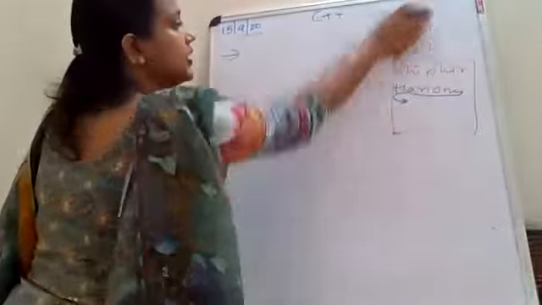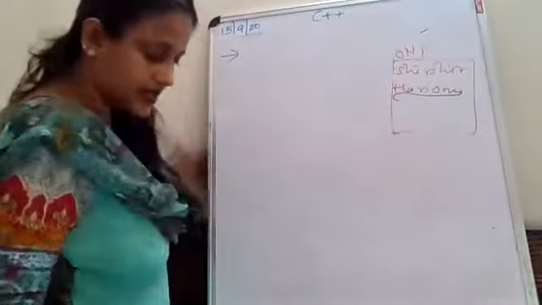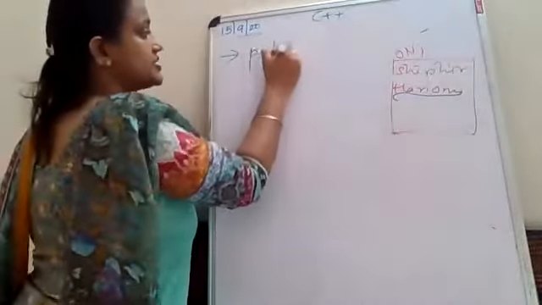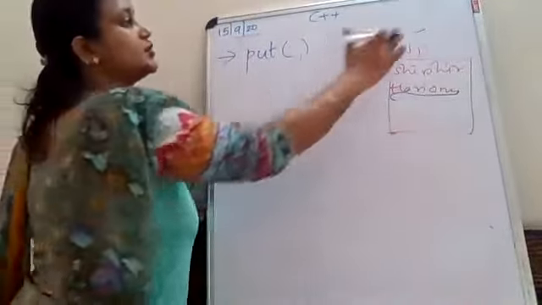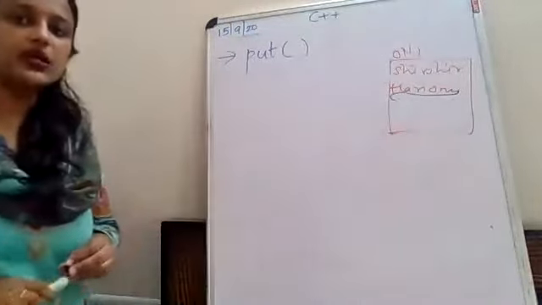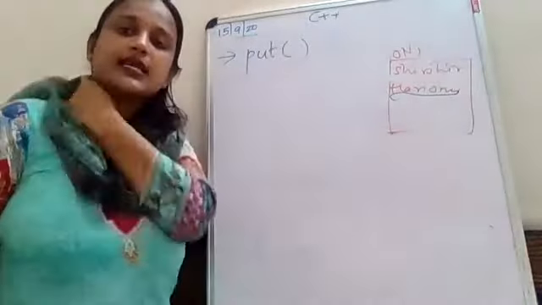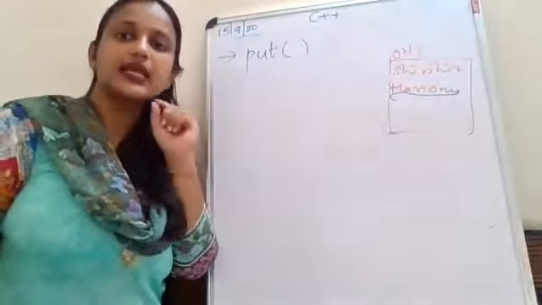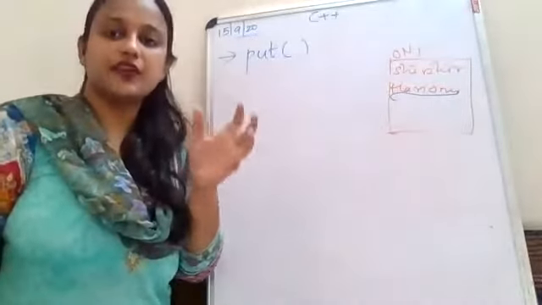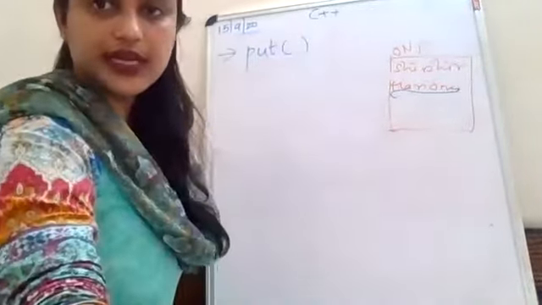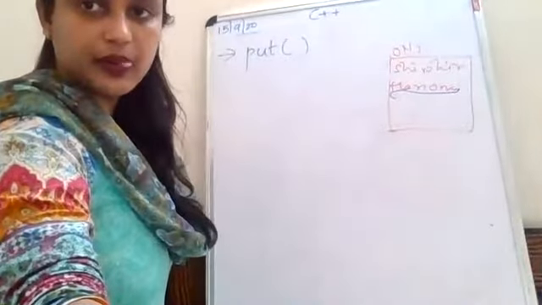Your next function or method that you're going to study, which comes in the exam, is put. Now what does put mean? Put means if you want to put a single character into that particular file. Suppose I want to write a name over here, as Chahat.